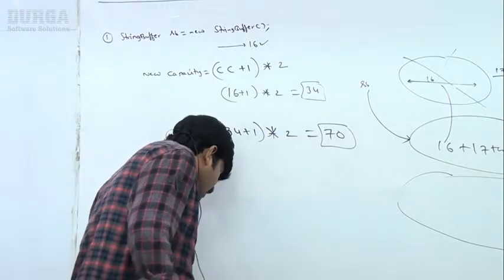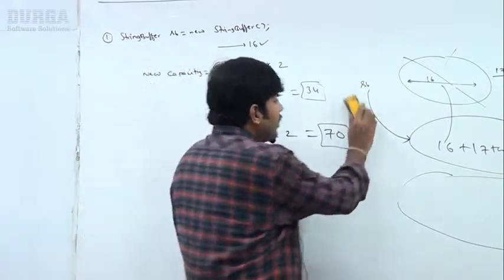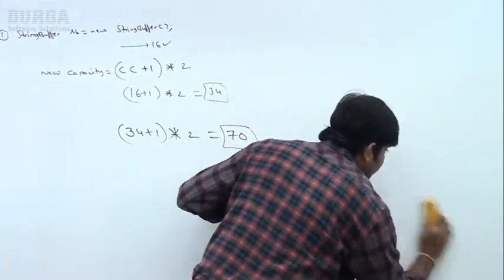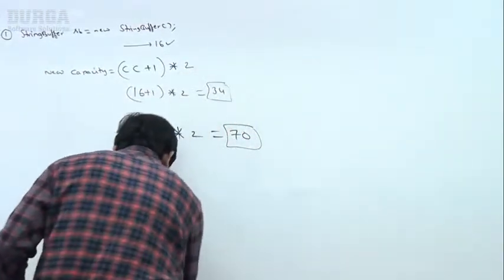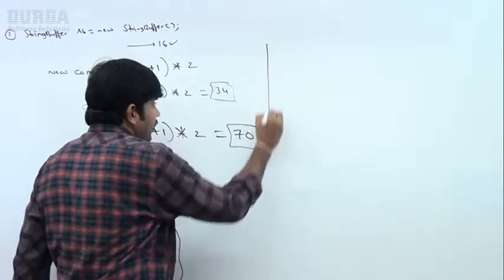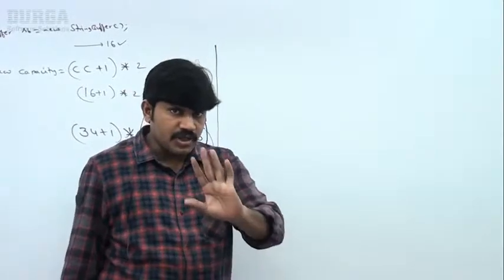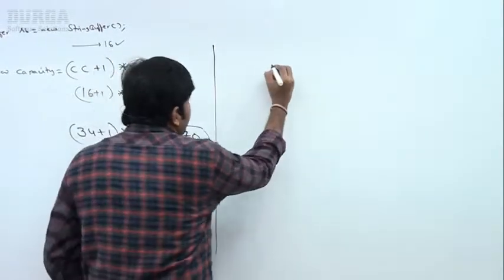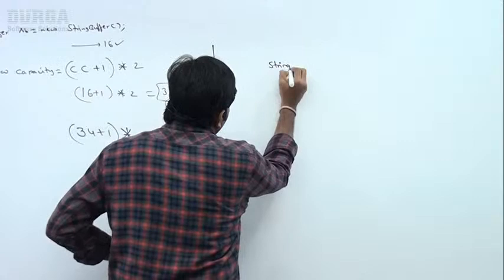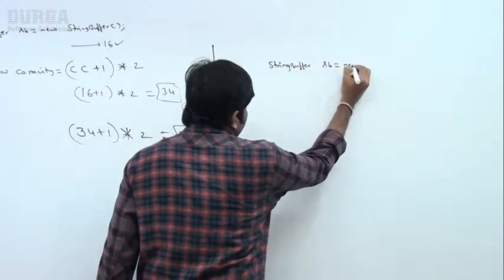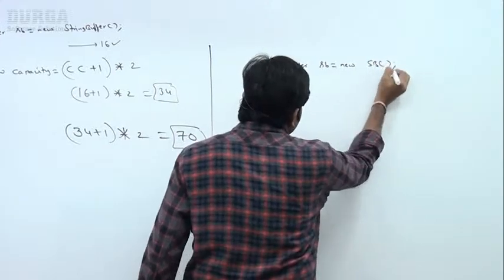Now let me show a small example so that we can understand a bit more clearly. Observe carefully. I want to create an empty string buffer object: StringBuffer sb = new StringBuffer().